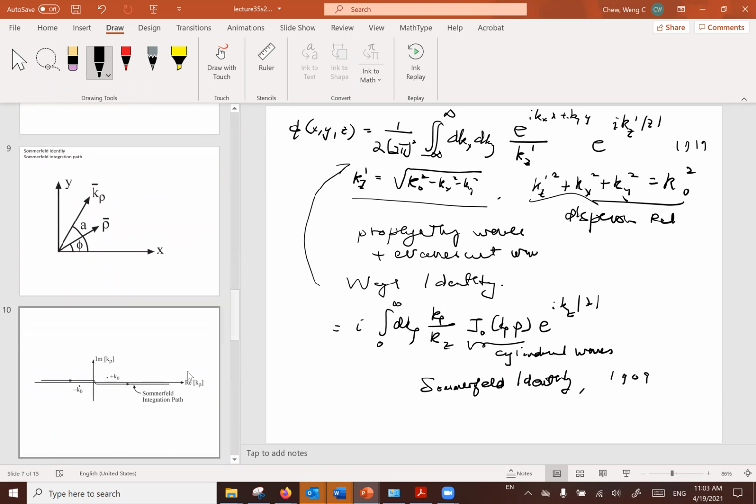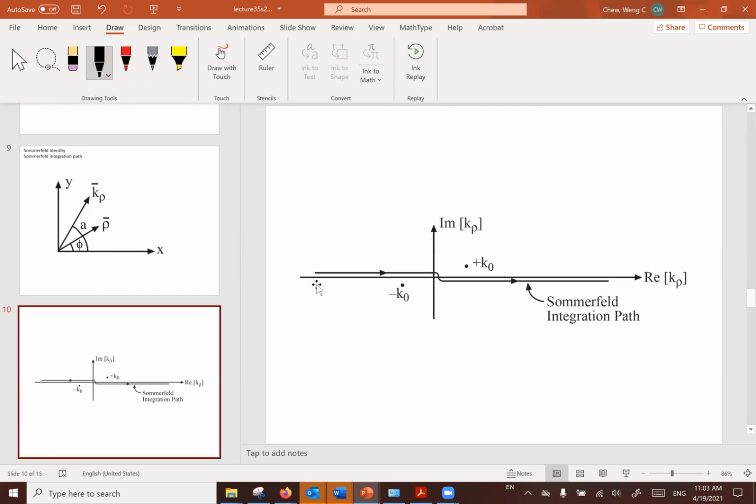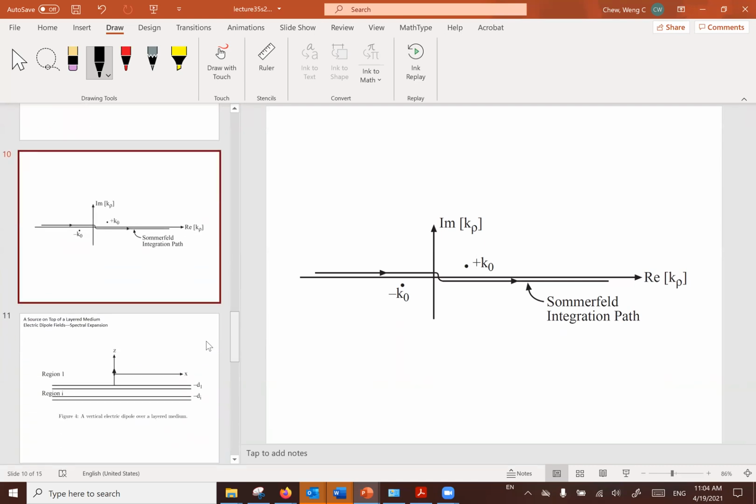So the integration path will look something like this. And if you convert this into a semi-infinite or infinite integration path, you get what is called a Sommerfeld integration path. I don't have time to talk into the details of the mathematical manipulation that needs to get there. But there are all these variations of different things.